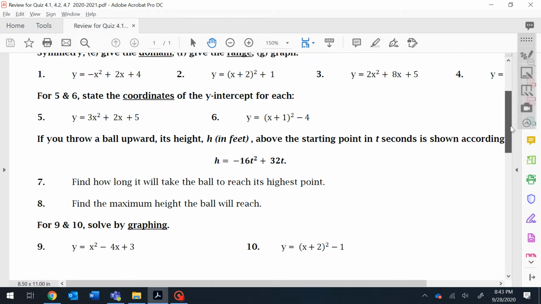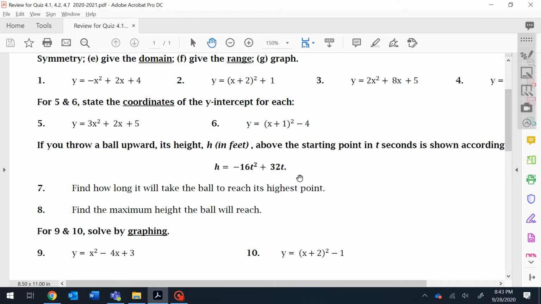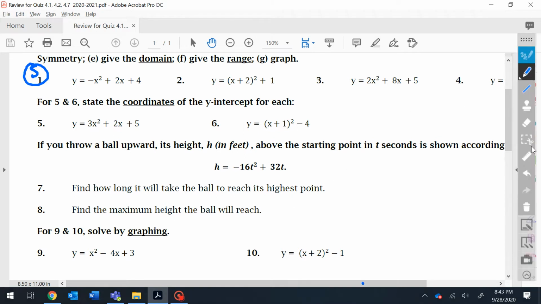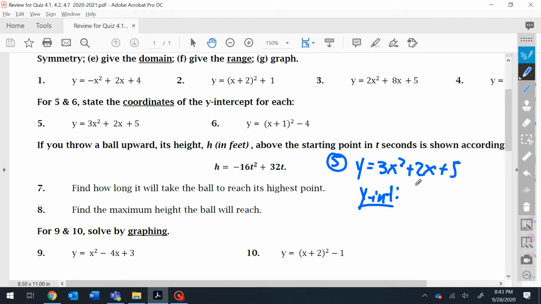Okay, so this one's going to be fairly straightforward for both of these, so I'm just going to use this space over here on the bottom to do this. So number 5, this one's in standard form, 3x squared plus 2x plus 5. So the y-intercept would be the c value, which in this case is 5, so 0, 5.